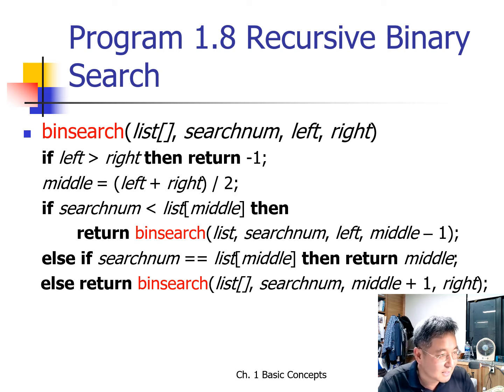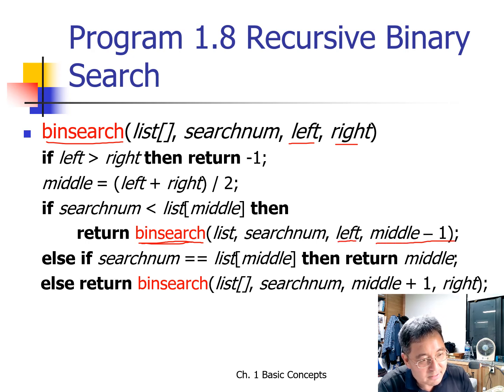Okay, so the same logic can be implemented using this one. Yes, the same. Inside the definition, binary search is used, but the parameters are slightly different. This parameter is left and right, but this one is left and middle minus 1.